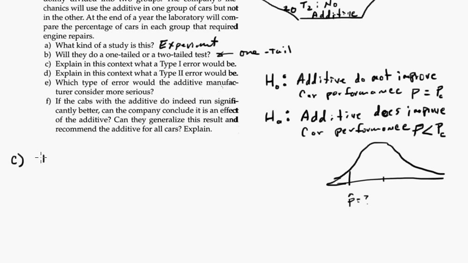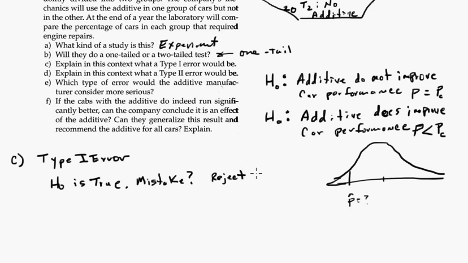So I always have to say first, a type 1 error, so I start by saying H0 is true. I always start with truth. So H0 is true, so what kind of mistake can we make? Well, we reject it when we shouldn't.